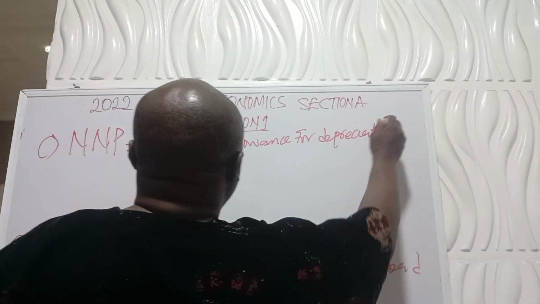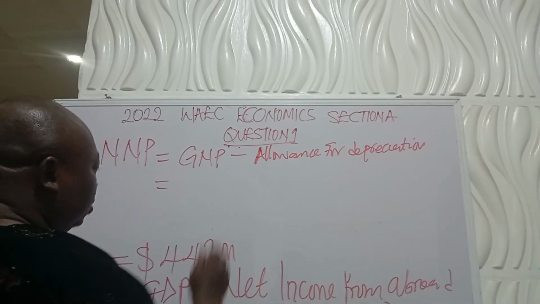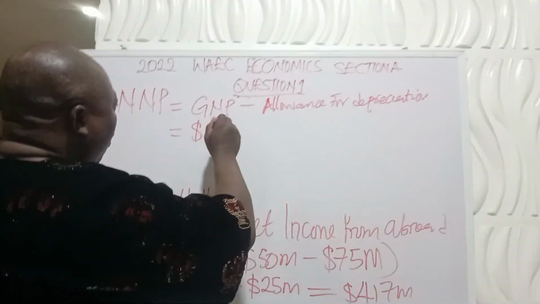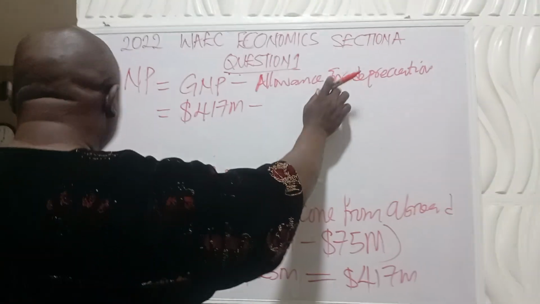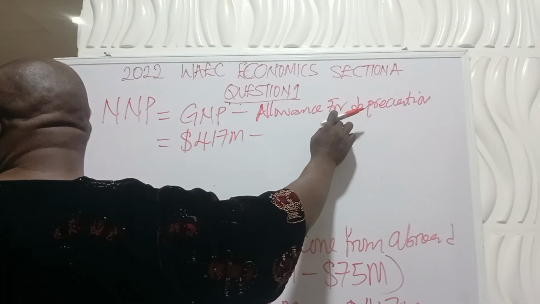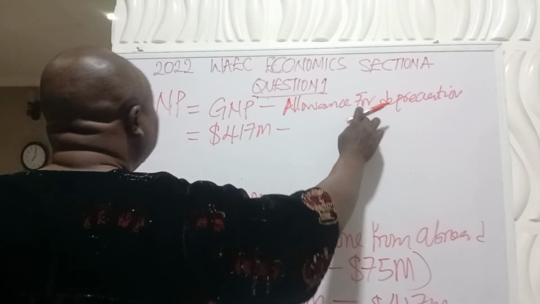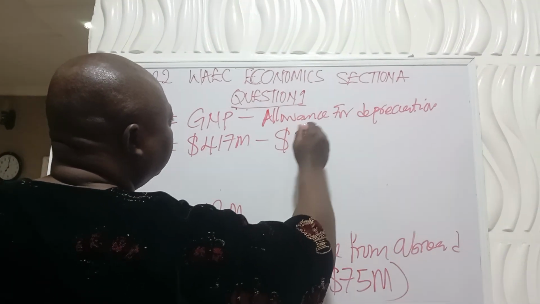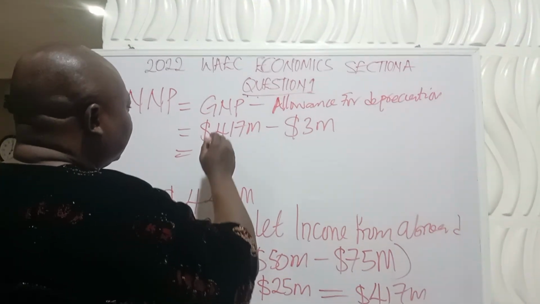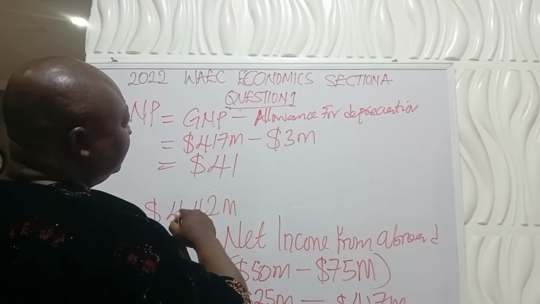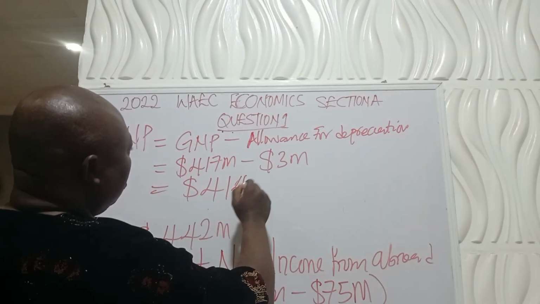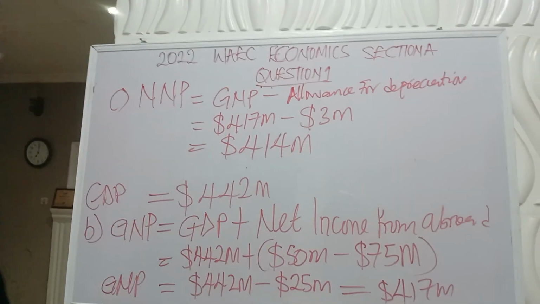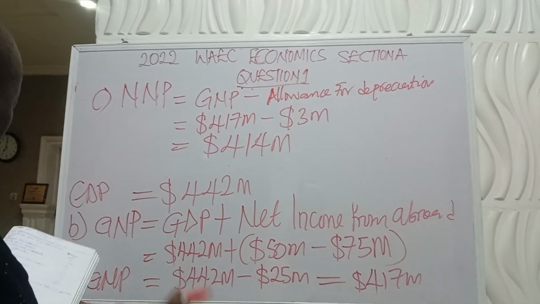We've already gotten our gross national product, which is $417 million. The depreciation allowance is $3 million. When you subtract it, 3 away from 7 should be 4, giving 414.